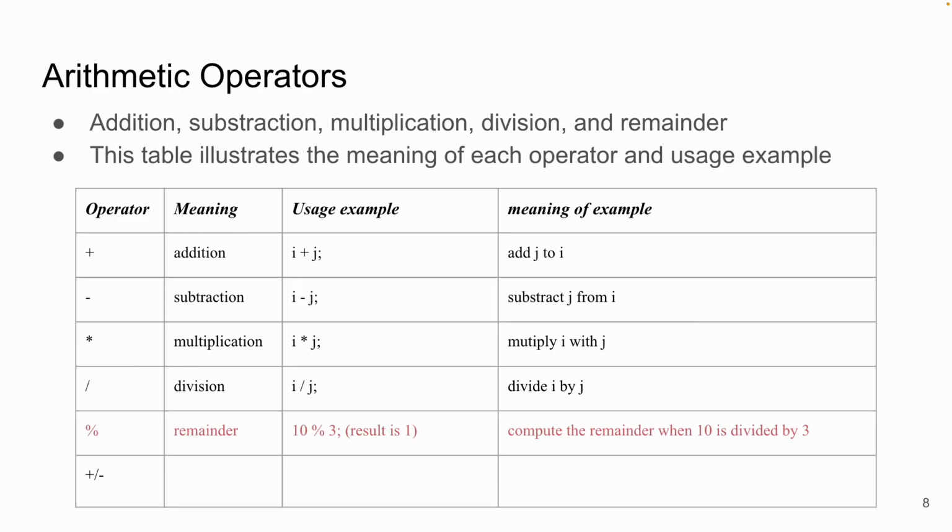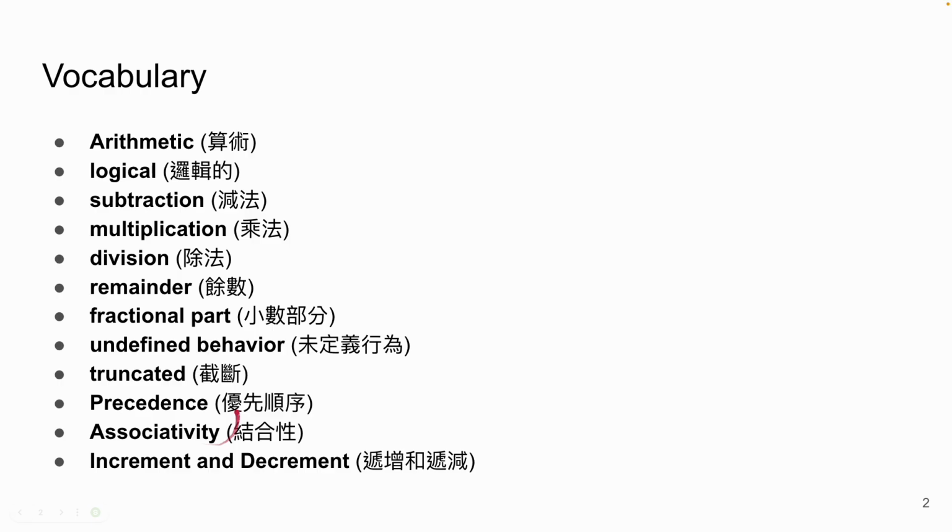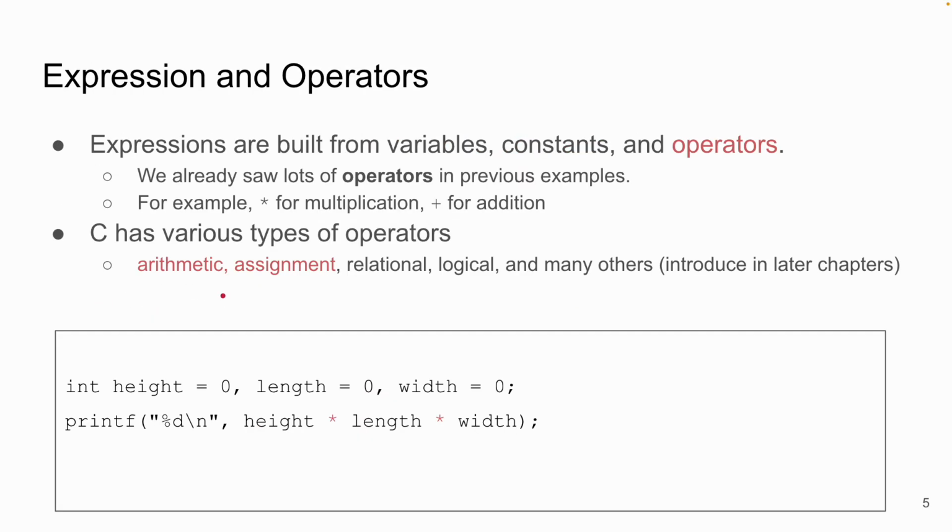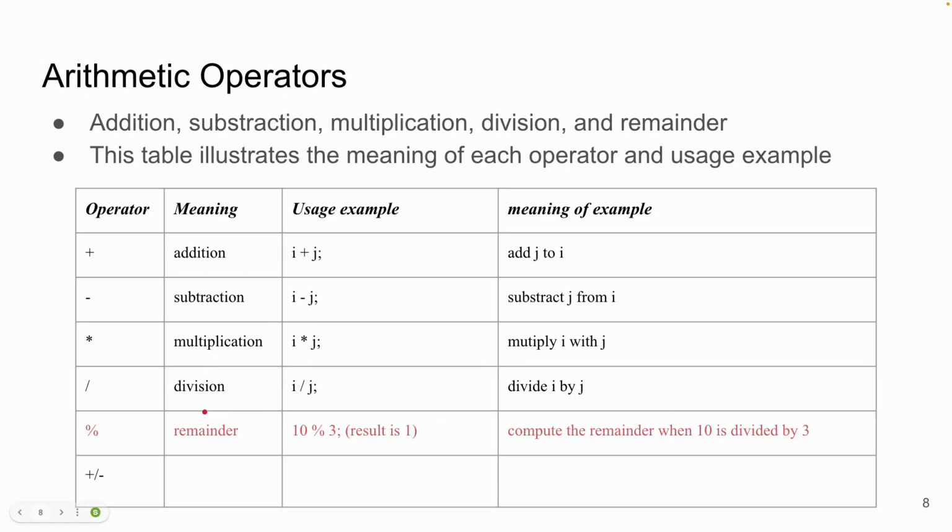The next one I want to introduce is a bit different, so that is why I want to separate this one from the previous set. This operator is the remainder operator. So remainder, if you check out the vocabulary here, oh, there's no remainder? Okay, here. So the meaning of remainder is here, that is 余数. We can use this operator to calculate the remainder from this expression.